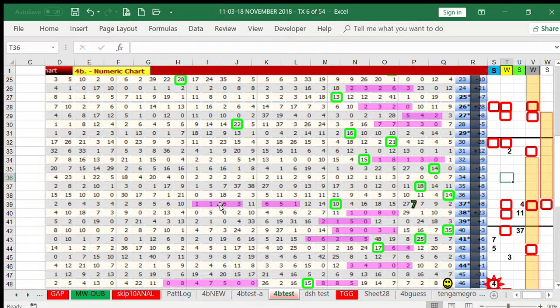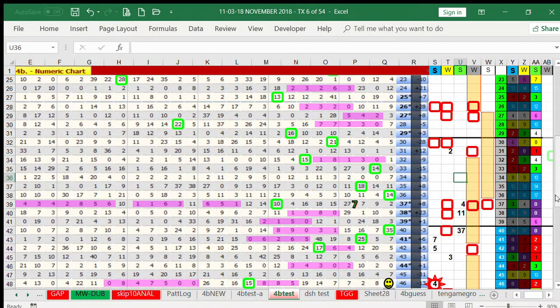However, it did have a pretty long streak going back even further. So it has the capacity for a very long streak. So that's why the 37 was on my radar back a couple of drawings ago.